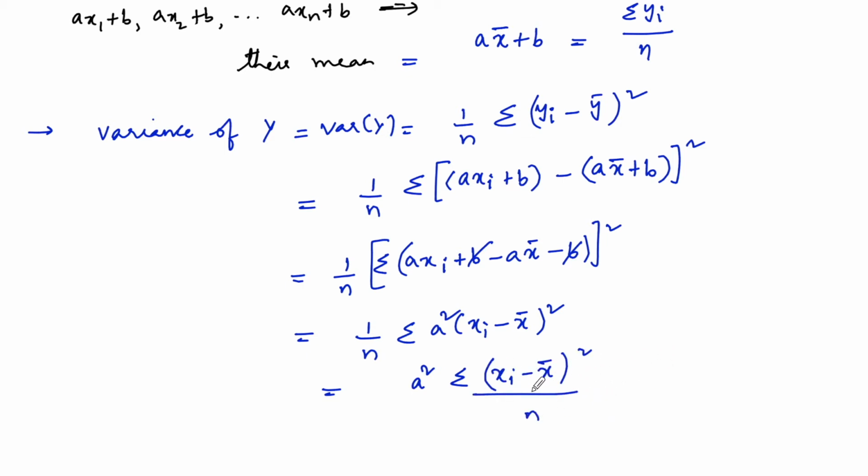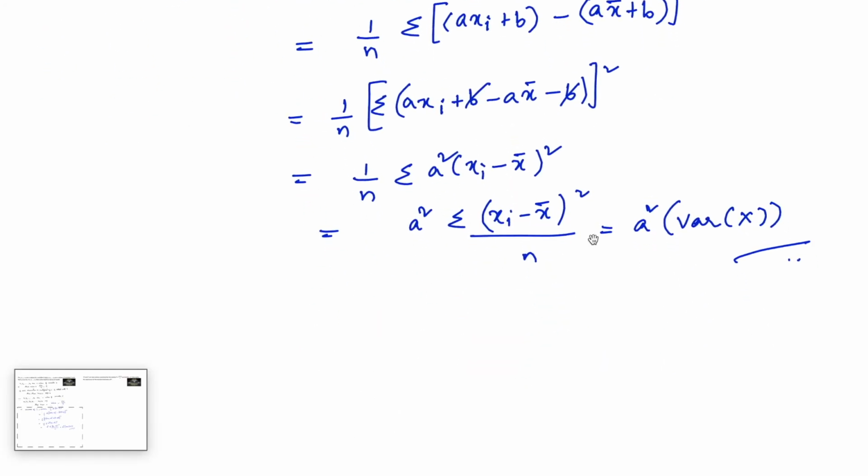Which is nothing but the sum of the squares of the deviations of the variable x from the mean, that is the variance of variable x. So we can write variance of y is equal to a square into variance of x.